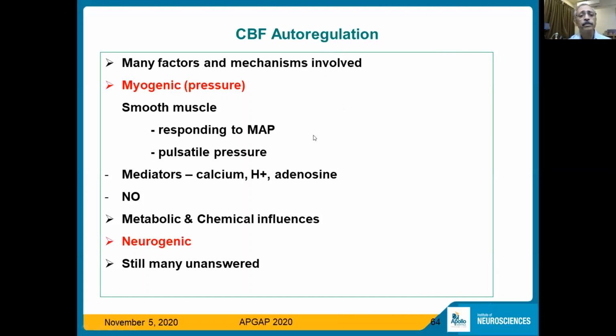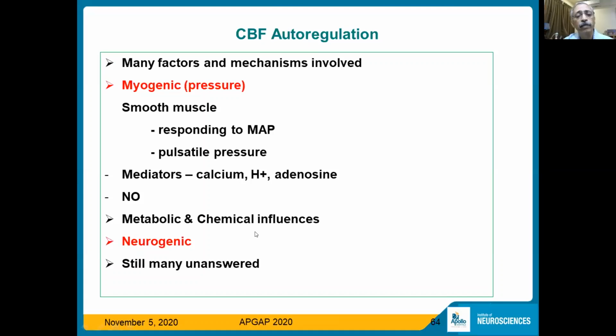Pulsatile pressure is most important, and that is one of the reasons why, when you go on cardiopulmonary bypass, they try to maintain the pulsatile pressure, because they have seen that when it is maintained, the autoregulation is still maintained and there is adequate flow without much effect on the ischemic issues with the brain during the cardiopulmonary bypass. This is brought about with various mediators like calcium, hydrogen, adenosine. The most important being nitric oxide.